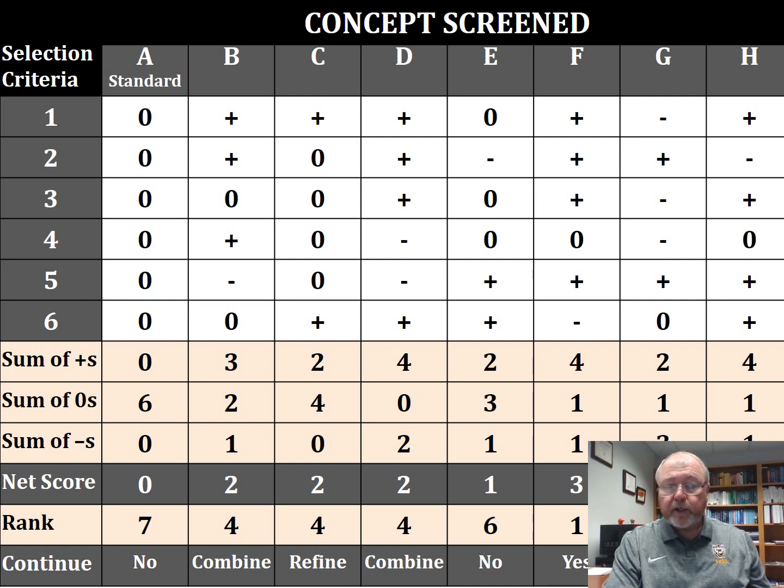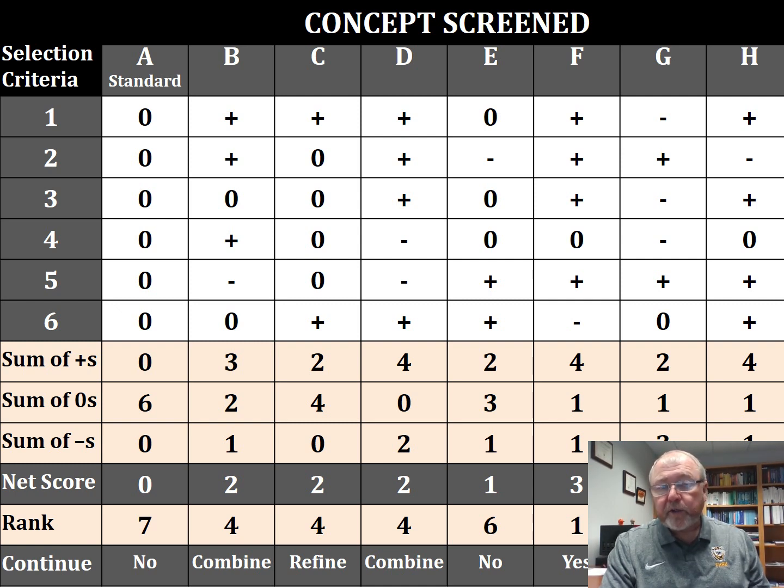The lowest score gets the lowest rank. We had 8 of these. Or did we? A through G and also H, so we had 8 concepts. And we would say the highest score should be advanced, and maybe the next highest score, and maybe the top few, but you probably wouldn't advance the bottom few.